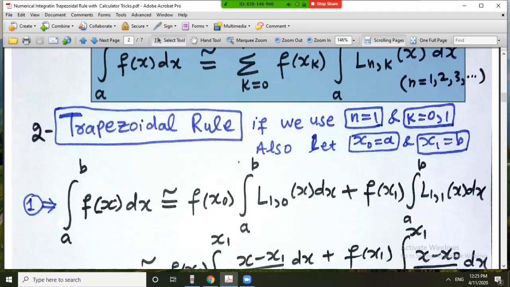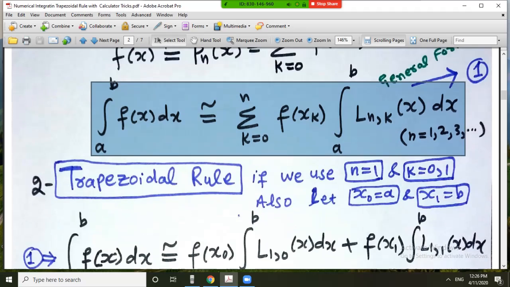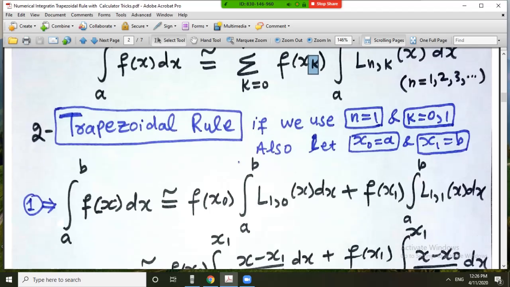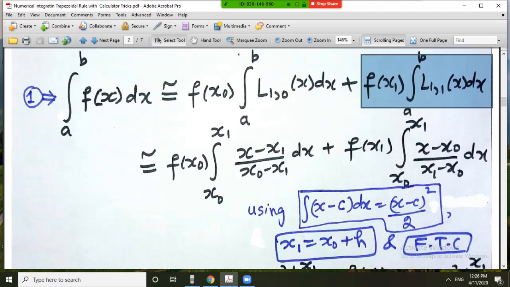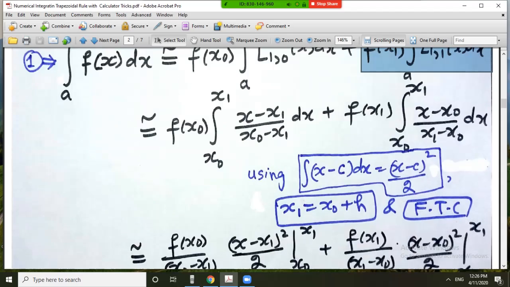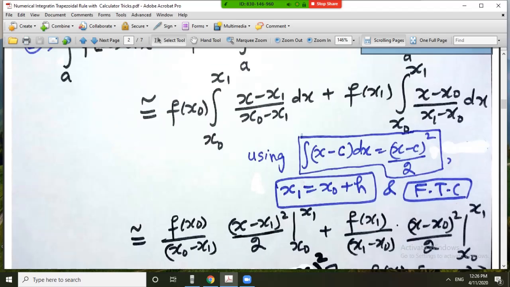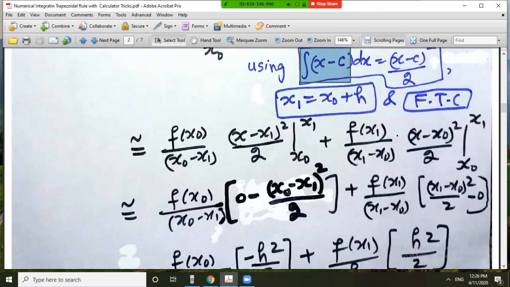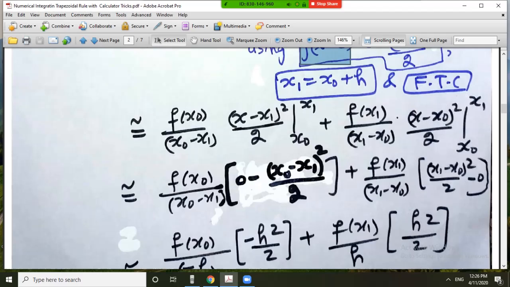If n is equal to 1, k is equal to 0 and 1. If we put k equal to 0, we have f of x naught times L10 of x in the first term, if we expand the above summation, and this is the second term. By putting the values of Lagrange coefficients and using the simple integral of x minus c, which is x minus c whole square by 2, also using x1 equal to x naught plus h and the fundamental theorem of calculus, and simplifying.